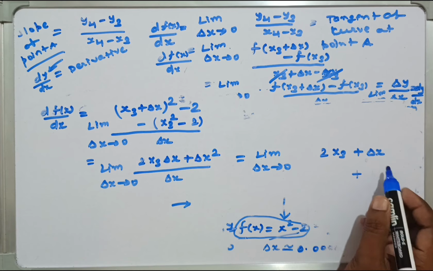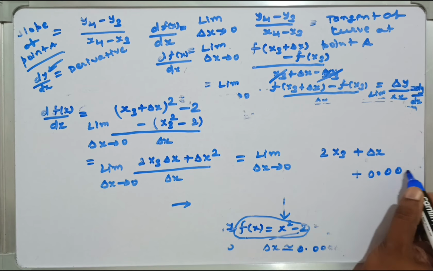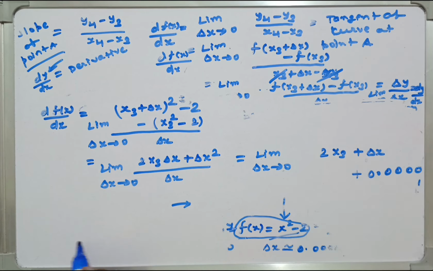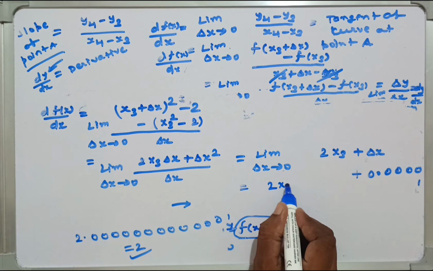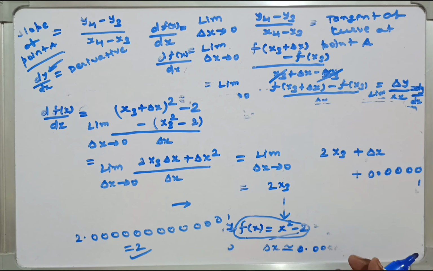Suppose this value is 0.000000 and so many zeros, then finally 1. So we can write this value like this, and finally you can say we can write it as 2x3. So this one is the 2x3 value.